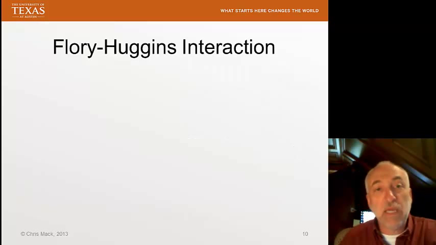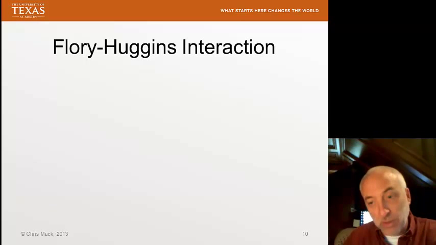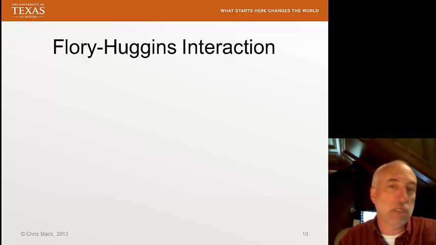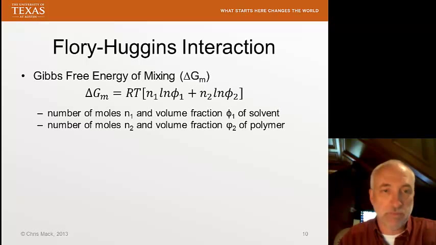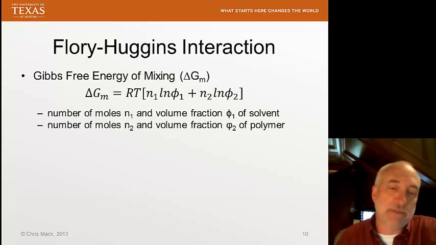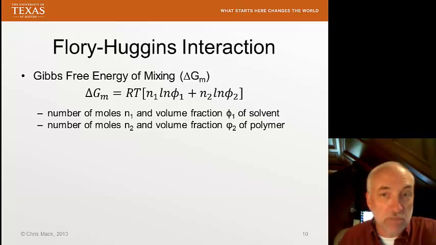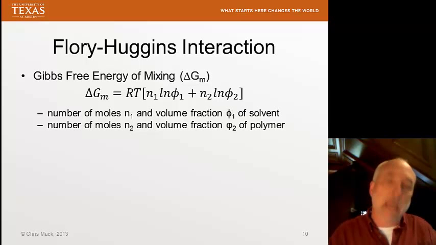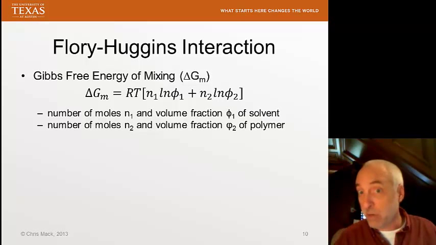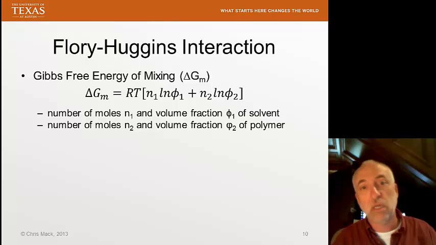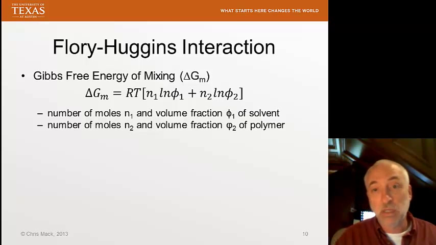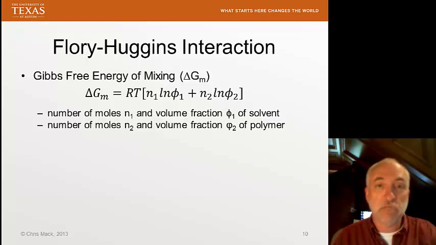One of the key parameters that controls this self-assembly is the Flory-Huggins interaction parameter. Now, if you've had thermodynamics, you may recall learning about the Gibbs free energy of mixing. If I mix two things together, that might result in a lower or a higher energy than when they're separate, and it depends upon this Gibbs free energy of mixing.